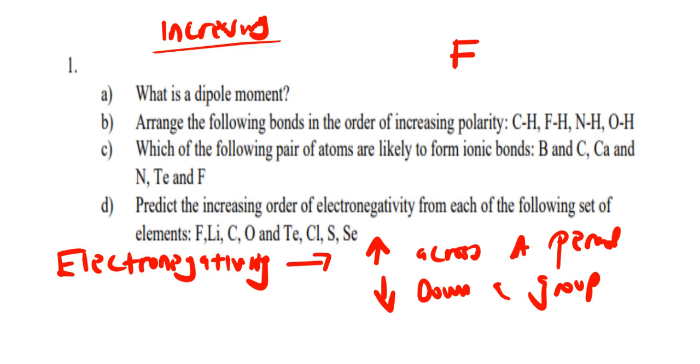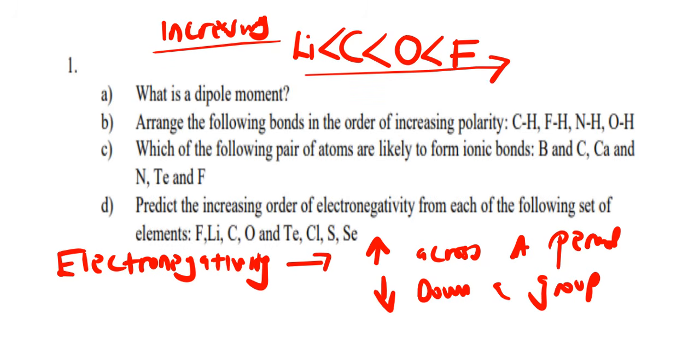Then on this list, which other one can we pick? Oxygen is also more electronegative. Then we're also going to get carbon. Then we can put lithium as the first one from the first list. This is how we are going across a period.